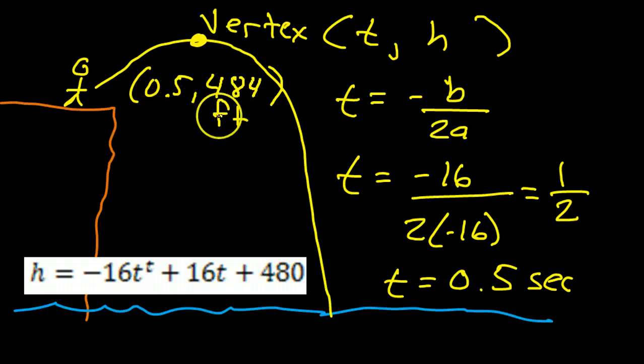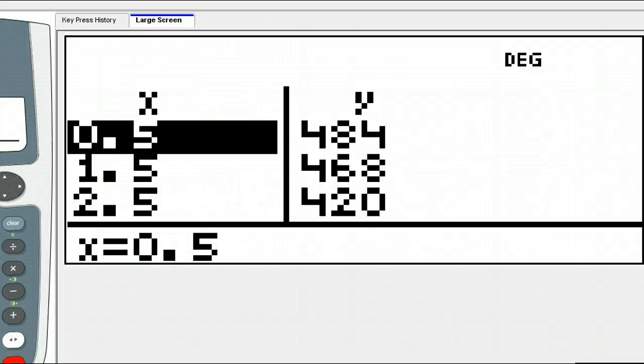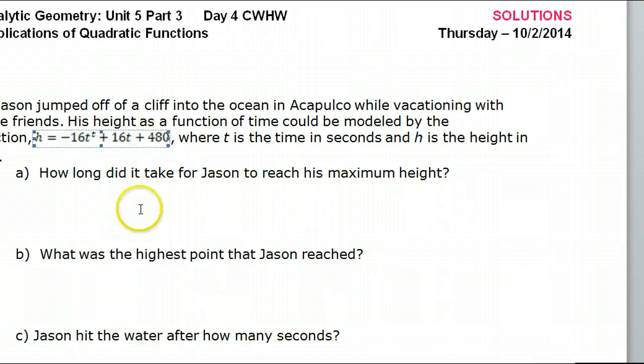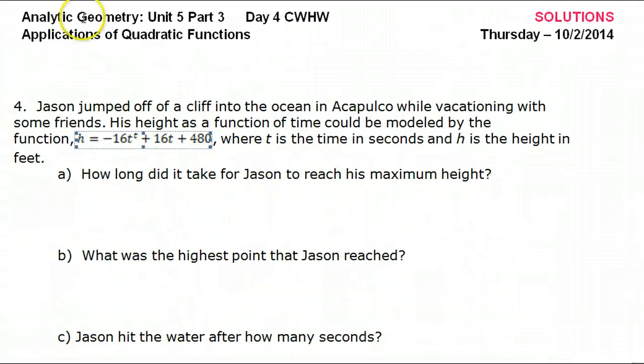And this is the vertex, so that is the maximum height, 484 feet. So that's the answer to part A here. Wait. No, so this is the answer to A and B.